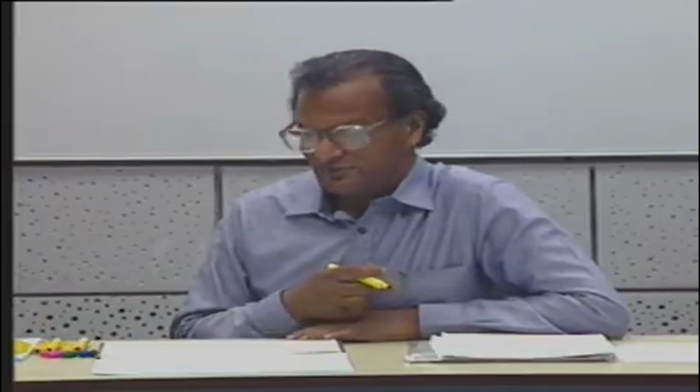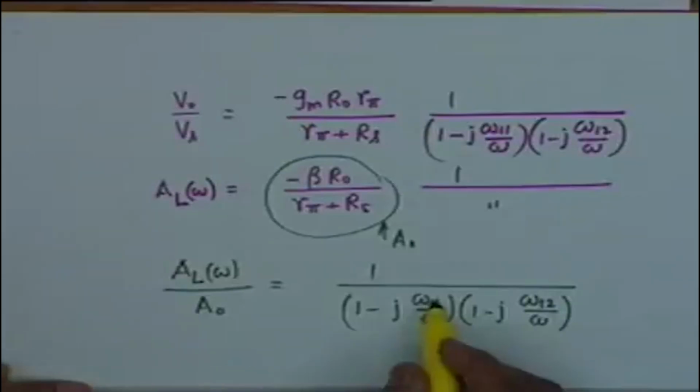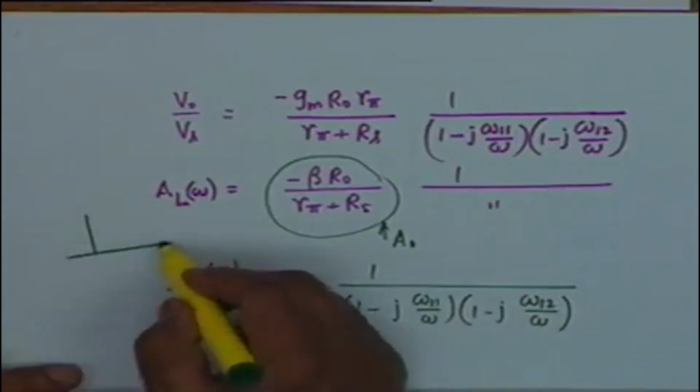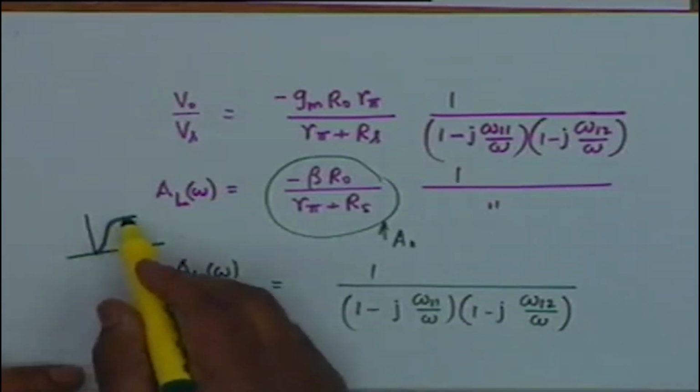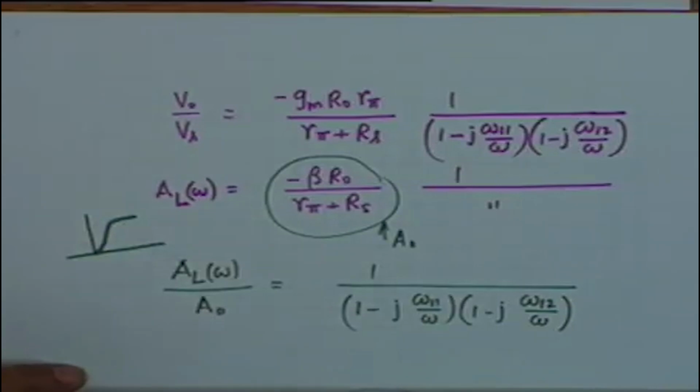Obviously this is 0, and as omega increases, the gain increases. When omega becomes large compared to omega 1 as well as omega 1 2, the gain becomes 1. It simply becomes 1, right? And therefore it does explain the rise of gain from 0 to the mid-band value A0.